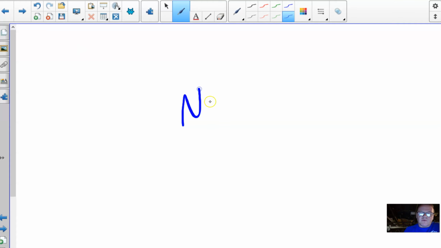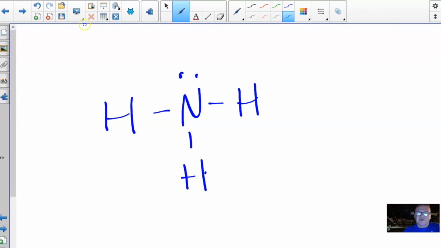Let's take a look at ammonia, NH3. When we draw NH3 like this, that's its Lewis structure. Now, here's where we want to start looking at the idea of symmetry and how symmetrical these Lewis structures are.